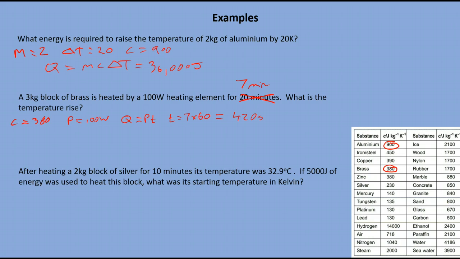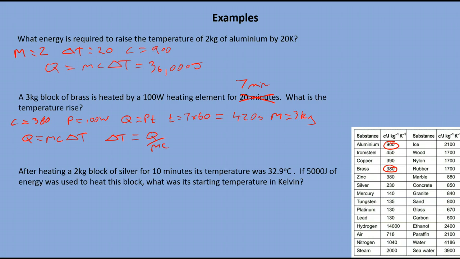And I know before that my mass is 3 kilograms. We're trying to find out what the delta T is, so if I get Q equals mc delta T, I can rearrange that to get delta T is equal to Q over mc.